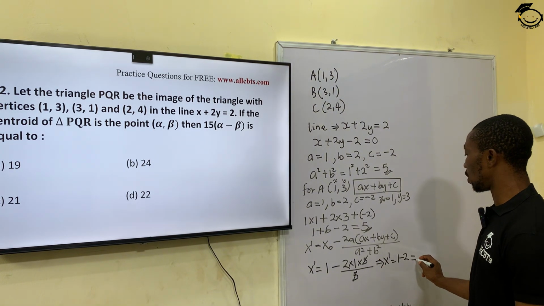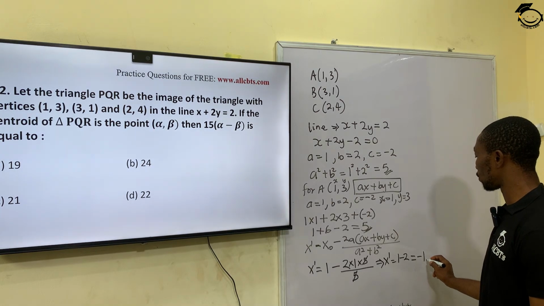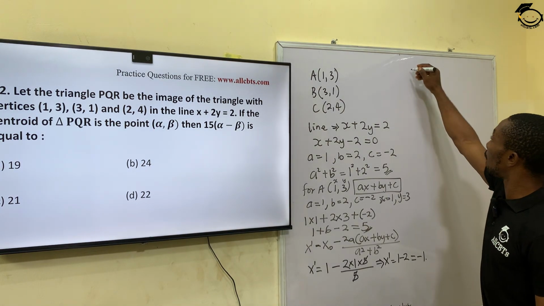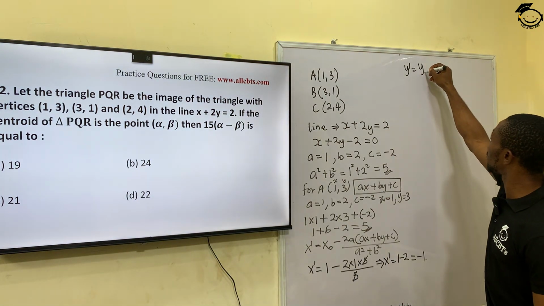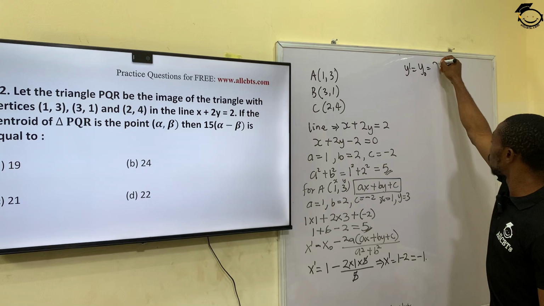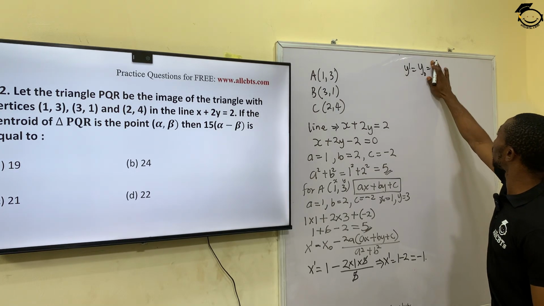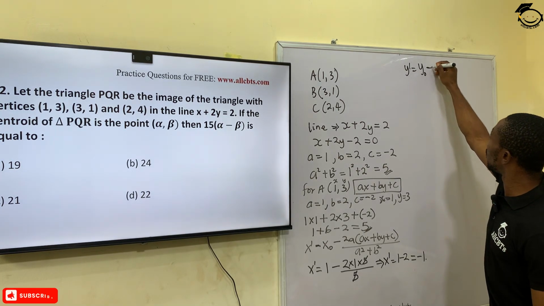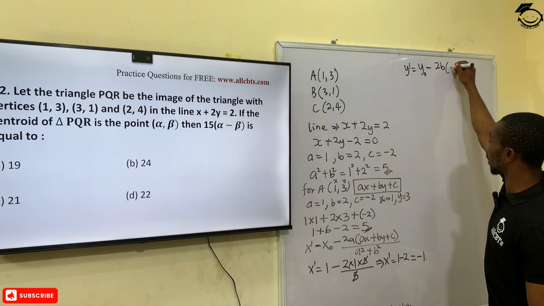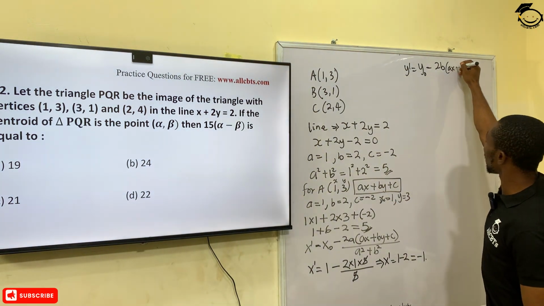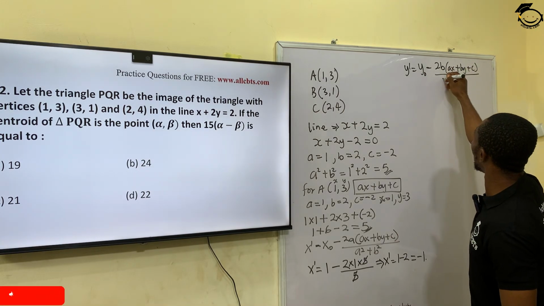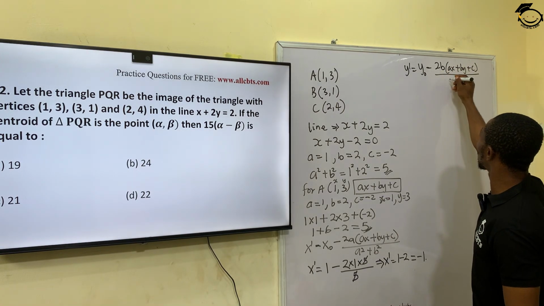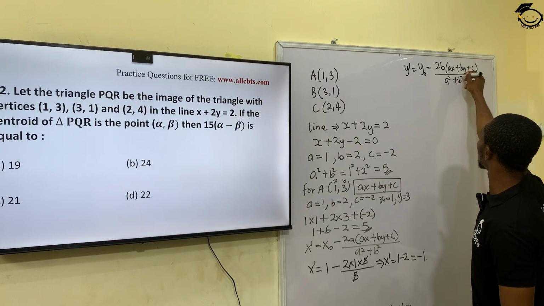Now, for our y bar, we'll be using y0 minus 2b brackets ax plus by plus c all over a squared plus b squared.